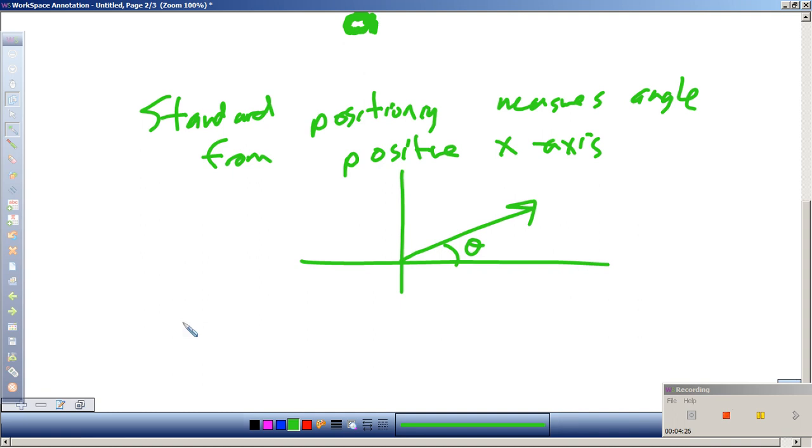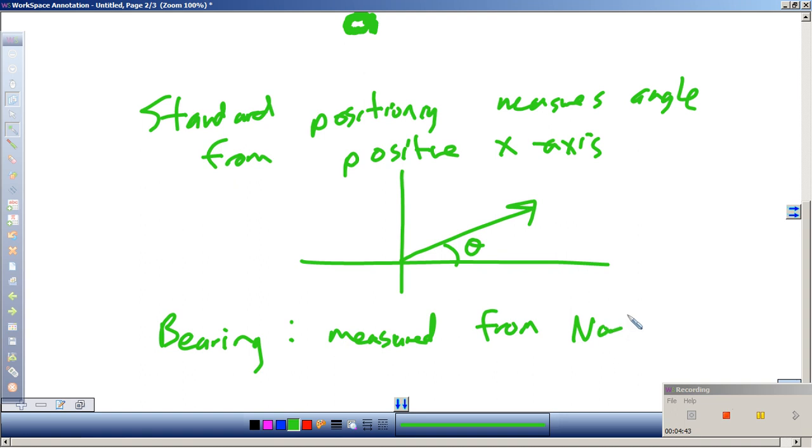However, you may also see bearing used. Bearing is often used if you're doing navigation. When we're talking about bearing, we're measuring from north, which is the positive y-axis.